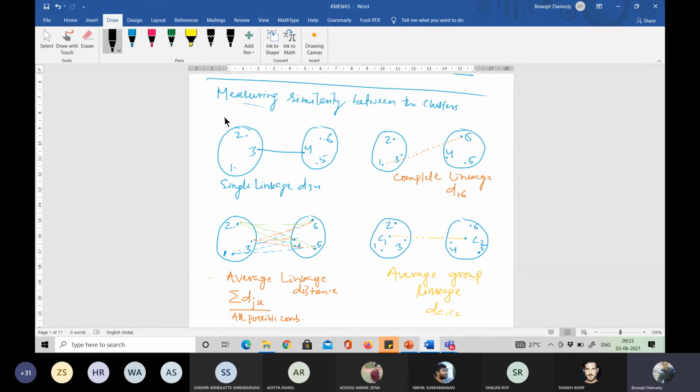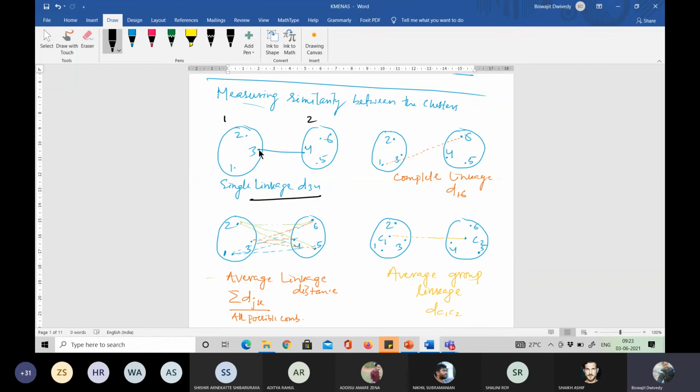Suppose this is my cluster 1 and this is my cluster 2. In cluster 1, 3 points are there, 1, 2, 3. In cluster 2, 3 points are there, 4, 5, 6. One of the distances is called the single linkage distance, denoted by D34. This is the nearest distance between the two clusters.